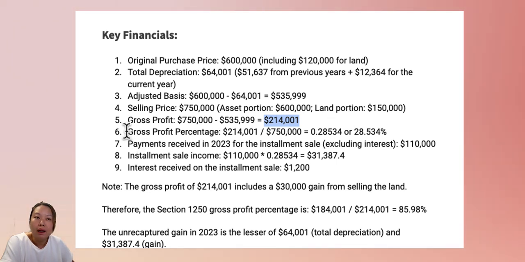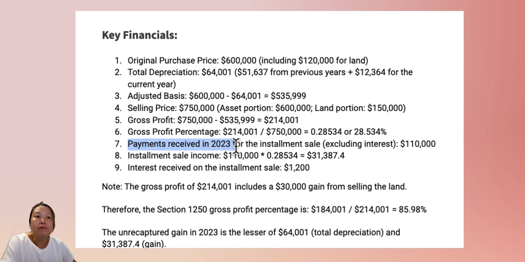To calculate the gross profit percentage, we're taking the gross profit and dividing it by the sale price, so that gives us about 28.534%. Whatever the amount that we received, we're gonna use the gross profit percentage to calculate the amount that we need to pay capital gain tax on, right?